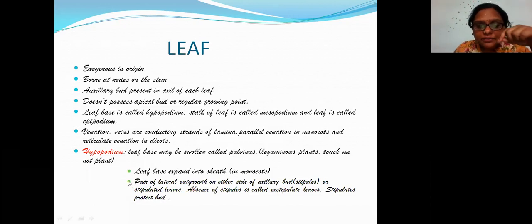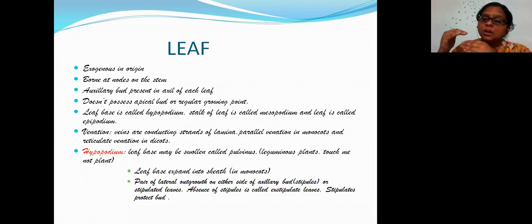If the hypopodium is swollen, we call it pulvinus, in case of leguminous plants and touch-me-not. If the leaf base is in the form of a cover, a sheath, mostly in the monocot plants, you can see that the leaf base will modify itself in the form of a cover, a sheath.